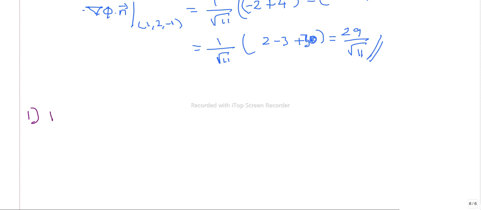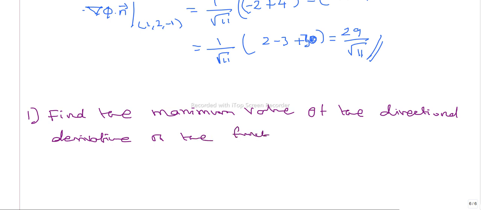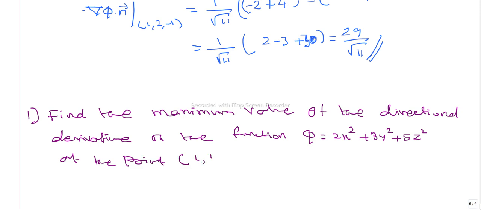So the problem is: find the maximum value of the directional derivative of the function pi equals 2x square plus 3y square plus 5z square at the point 1, 1, minus 4.